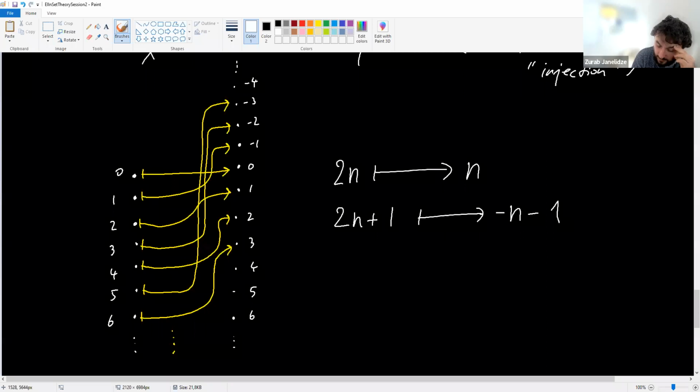Does that work? Yes, 3 will go to -2, and it also works for 5. Yeah, I think this will work.